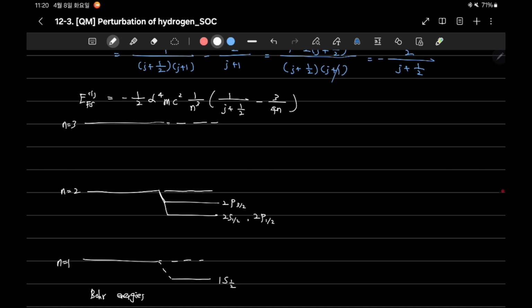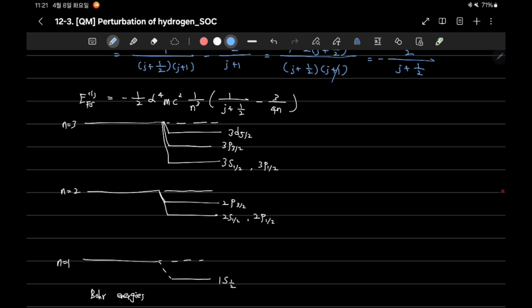And also this energy splits: 3s 1 half, 3p 1 half and 3p 3 half, which is degenerated, and also 3d 5 half.